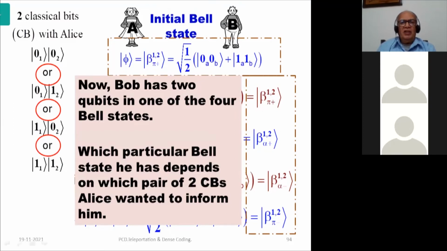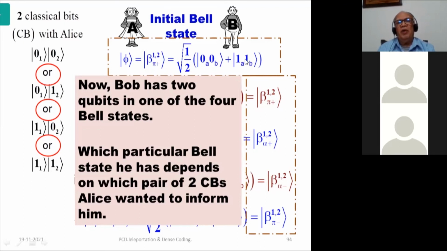And this information is now coded in this Bell state. And there are 4 possible Bell states depending on what Alice has done. And what Alice does depends on whether she has this pair or this pair or this pair or this pair. And that results in the original Bell state. This is the original Bell state which Alice and Bob had, but now they are in different locations.